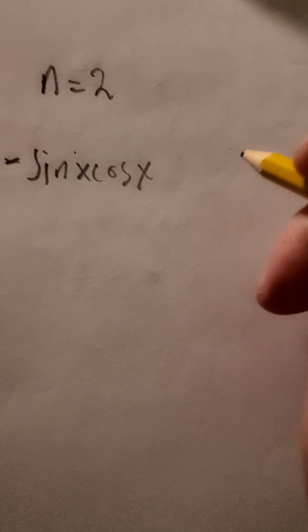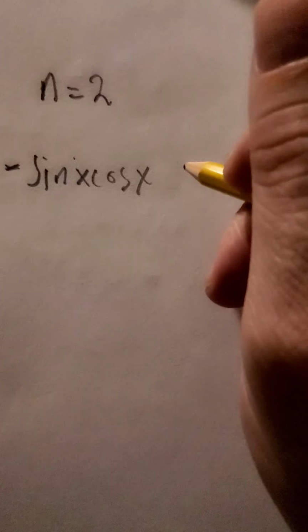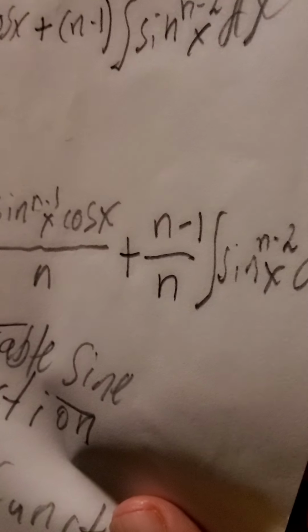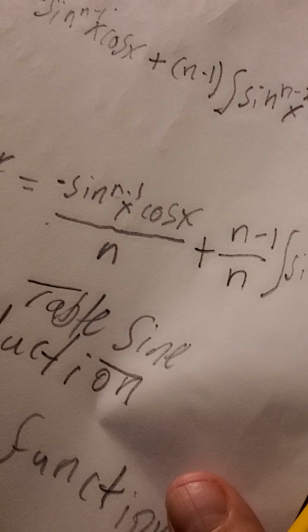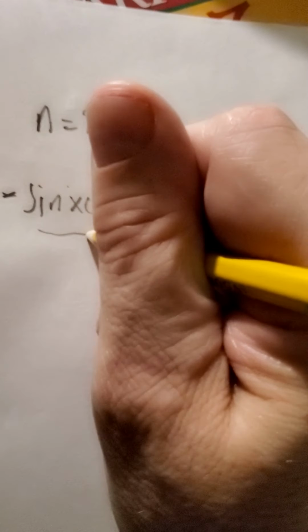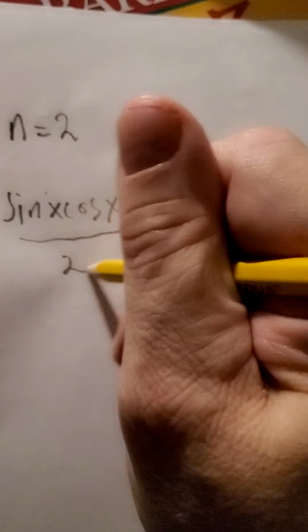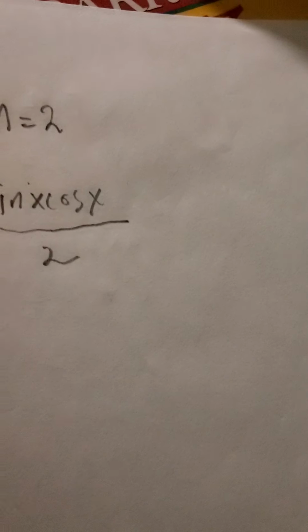And then I also got, here's the reduction formula right here. That's the reduction formula. So now I have the sine x cosine x right there with a minus sign out front, and it's over n, which is 2, according to the reduction formula.